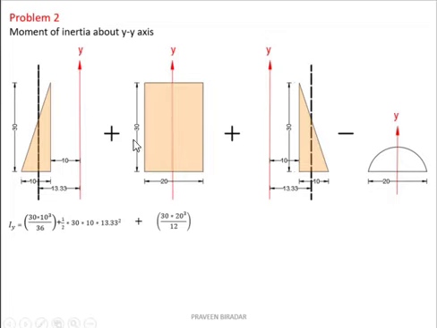Here b is 30, d is 20, so therefore bd cube by 12. Similarly, I have to add the second triangle: bd cube by 36 plus half into base and height area into distance square. Next, this semicircle I need to deduct, pi r4 by 8. So solving this, I will get Iy, that is moment of inertia with respect to y-axis.